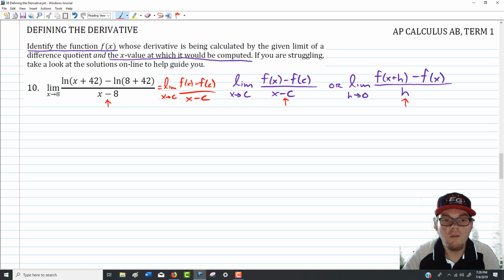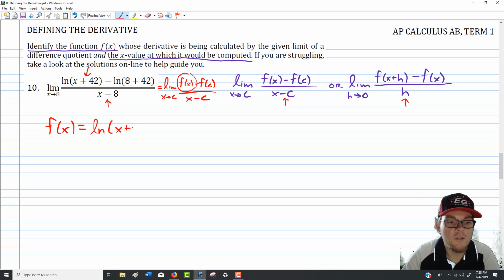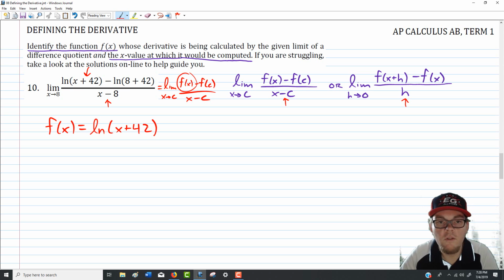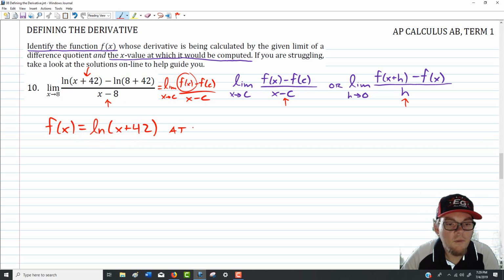So with that in mind, if we want to find f of x, we need to look at the front. So I see ln of x plus 42 minus ln of 8 plus 42. That tells me that f of x, the function whose derivative is being calculated here, is going to be ln of x plus 42. Again, it doesn't matter that we don't know the derivative or we couldn't evaluate this by hand. That's just what we were looking for. And then we're going to be evaluating it at x equals c.